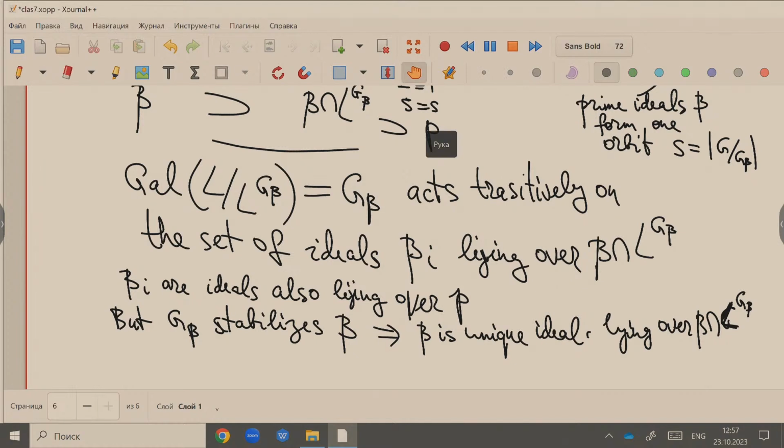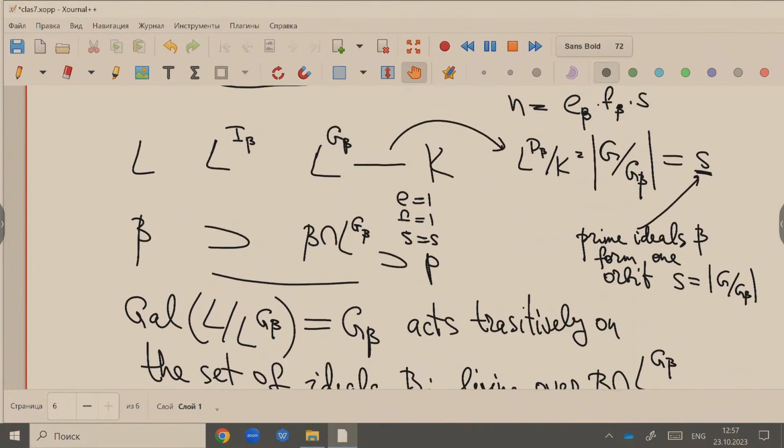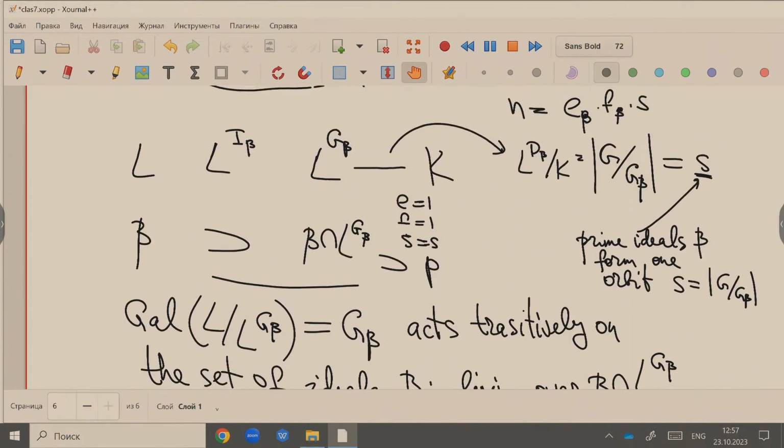So I'm completely out of time, so maybe I shall comment on this in the next class. What I want to say is that suppose the extension of the field of quotients is separable. So the idea is the following.